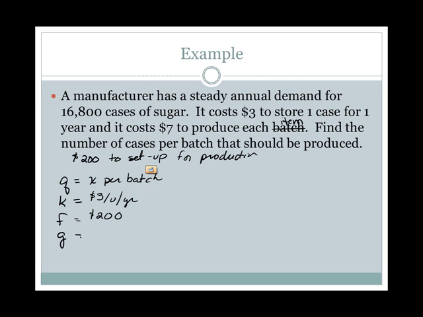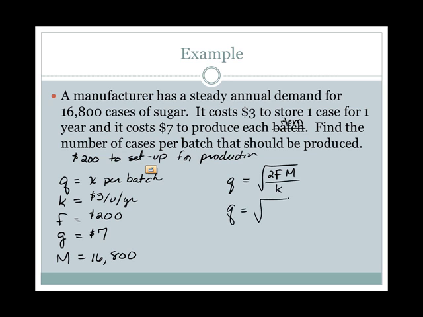G is the cost per unit, and that was $7. And M is our total production needs, which is 16,800. And so now we plug into the formula, square root of 2FM over K.